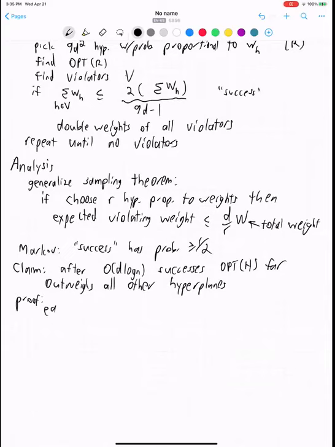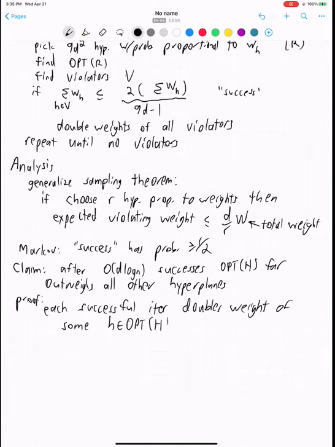The proof of this claim is that each successful iteration doubles the weight of some H in the optimum, because whenever we look at our violating set, we get some hyperplane that's part of the optimum.